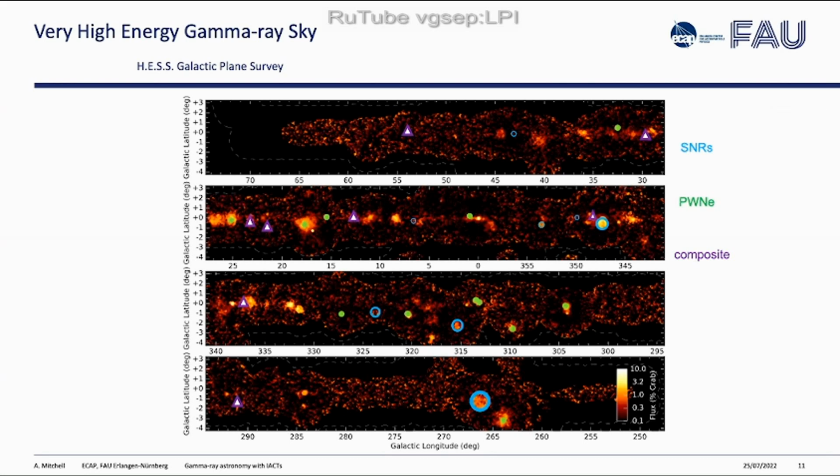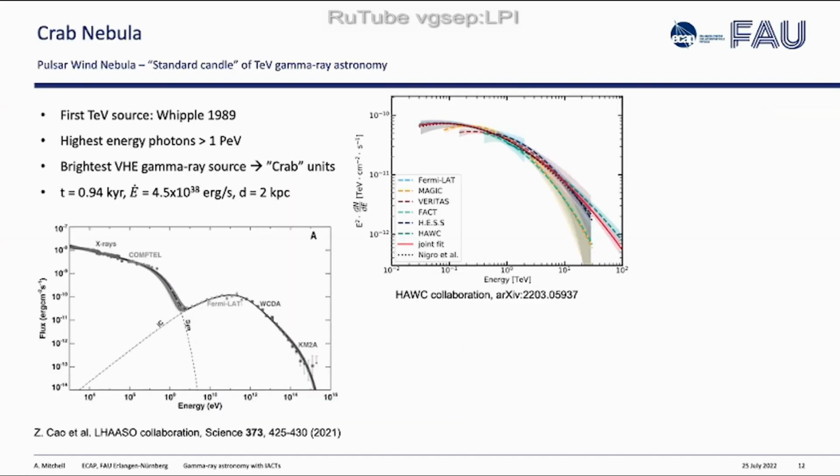What I actually want to draw attention to with this is that this doesn't cover everything, and the majority of the remaining sources are unidentified, and this includes the galactic center, which is classified as an unidentified source because it is coincident with the location of Sagittarius A*. We don't yet understand the mechanism by which these very high energy gamma rays are produced, and so it is still an unidentified source.